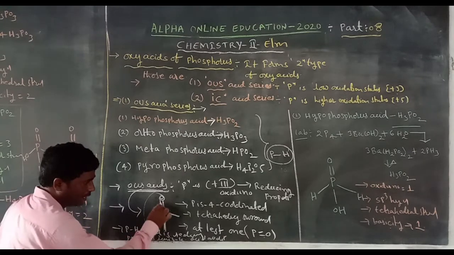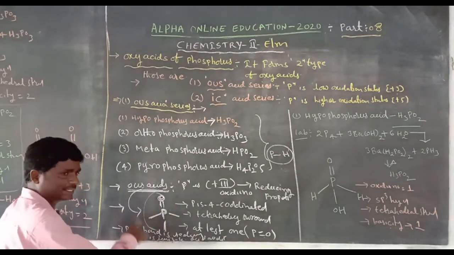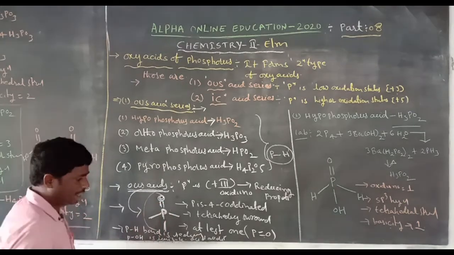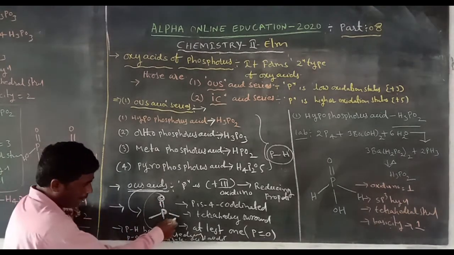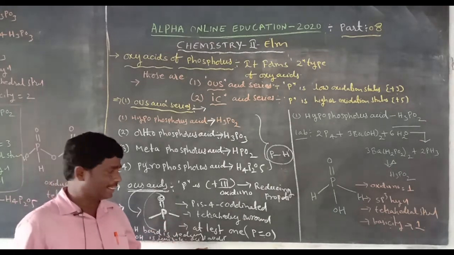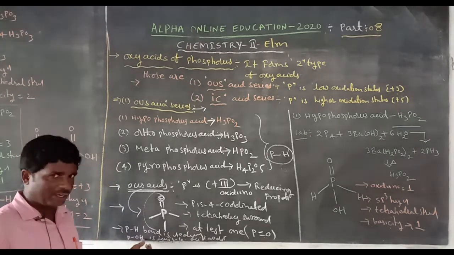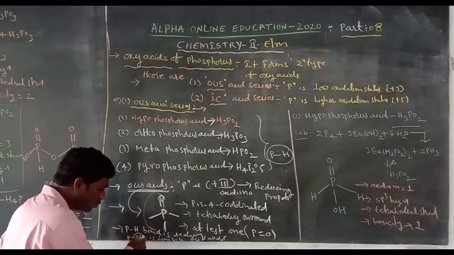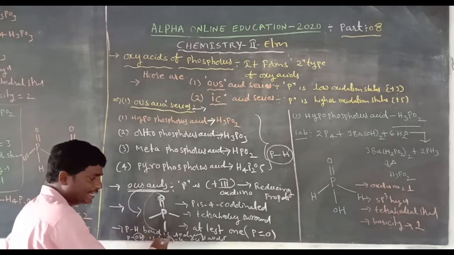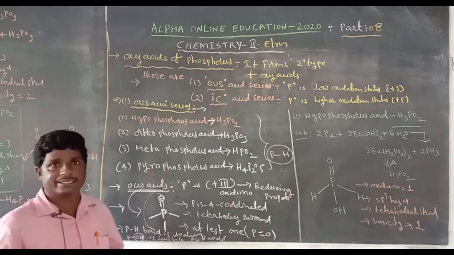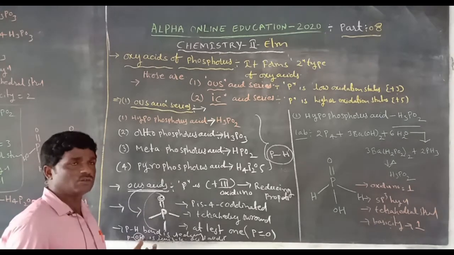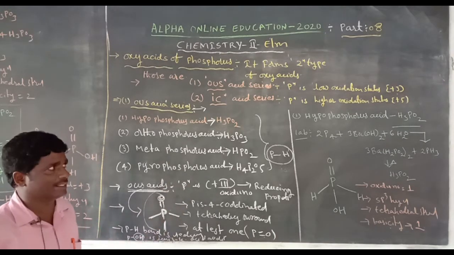Next, the remaining are P-H bonds, which give the reducing nature. Then the remaining are P-OH bonds, the OH group, in which the hydrogen atom is ionizable and gives acidic nature. P-H shows reducing nature and P-OH shows acidic nature.